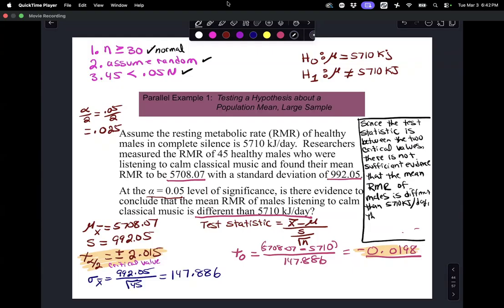Therefore, we fail to reject the null hypothesis.